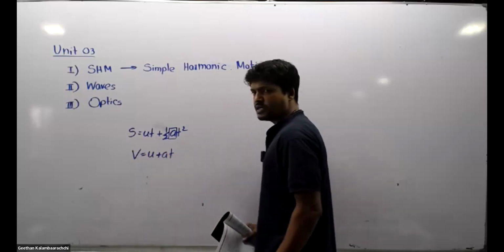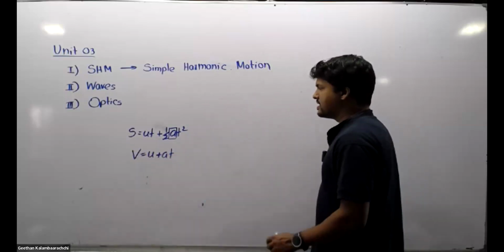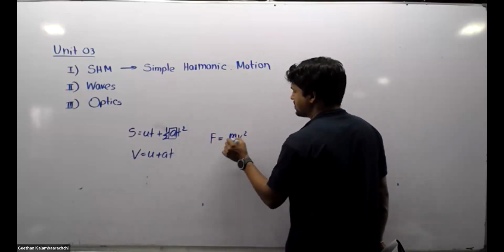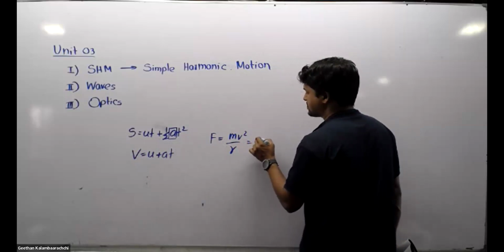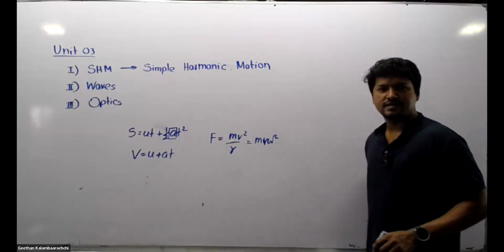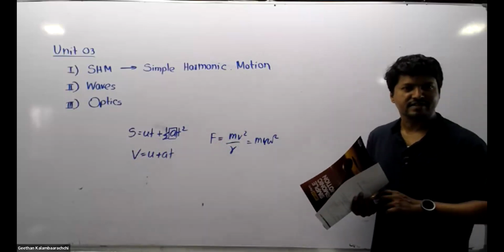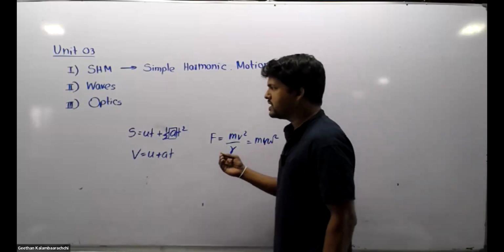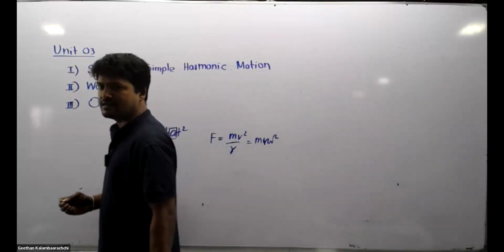That's also a linear motion under constant acceleration. What is this motion? It's a regular motion. Right? So by looking at an equation, you should be able to identify the motion.